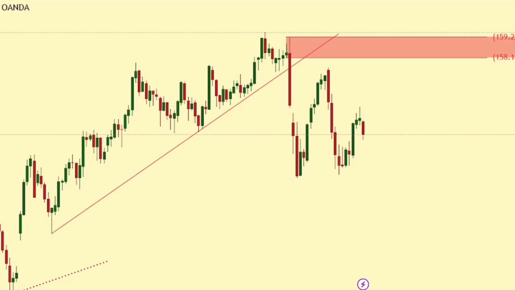Mistake number 3: selling against the higher time frame demand. Mistake number 4: entry trades immediately price touch the boss. Institution no dey rush.